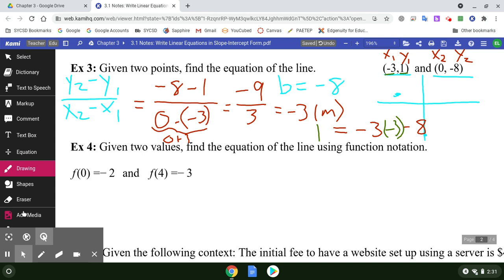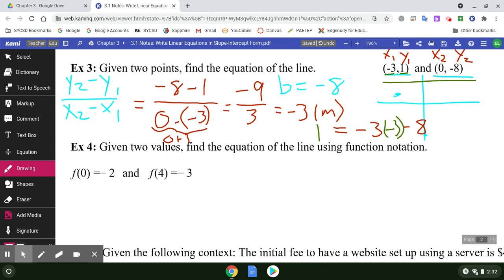So I want you to take a moment to think about how example 3 and example 4 are similar but potentially different. Remember, in example 3, these points are called ordered pairs.